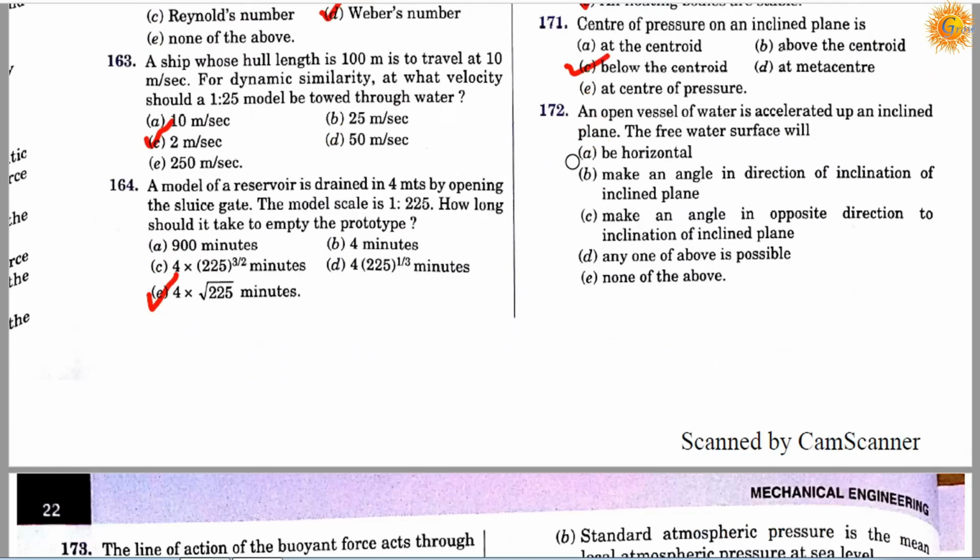Question number 172. An open vessel of water is accelerated up an inclined plane.